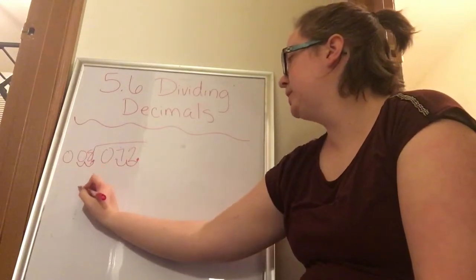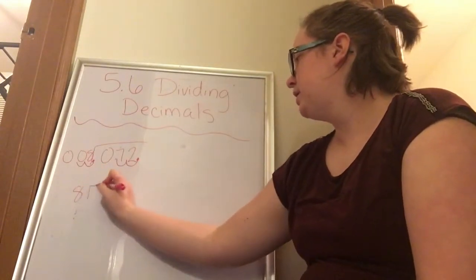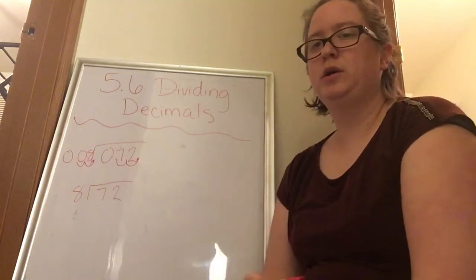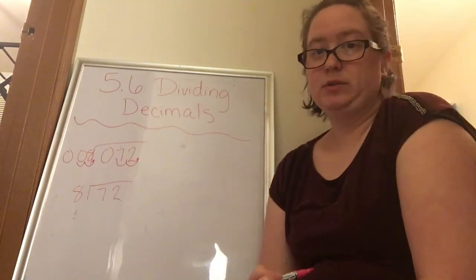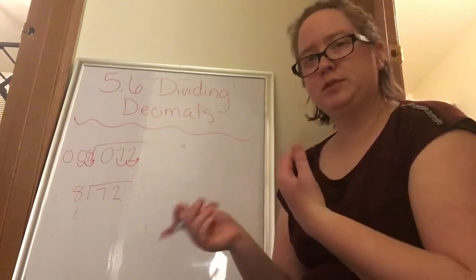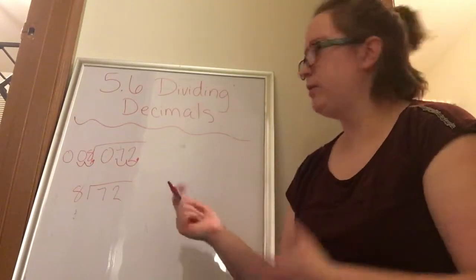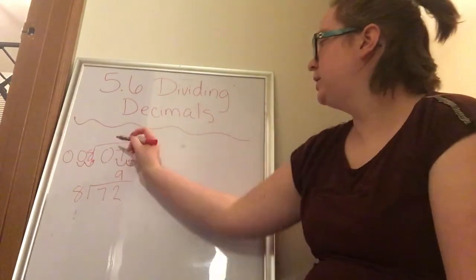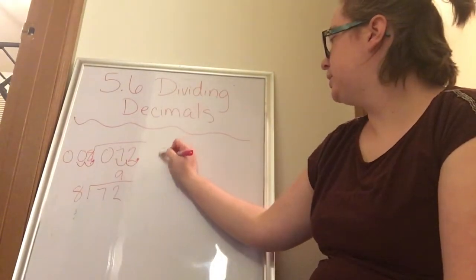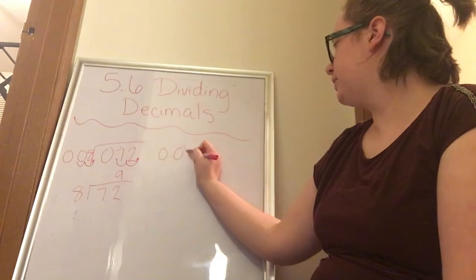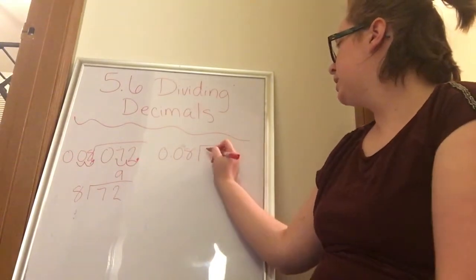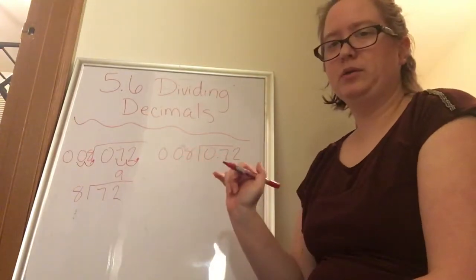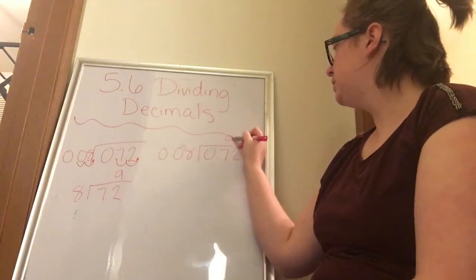That means I'm really just solving 72 divided by 8. So what is 72 divided by 8? Well, if I think to my basic facts, I know that it is 9. So my answer to the problem, 72 hundredths divided by 8 hundredths, is just 9.